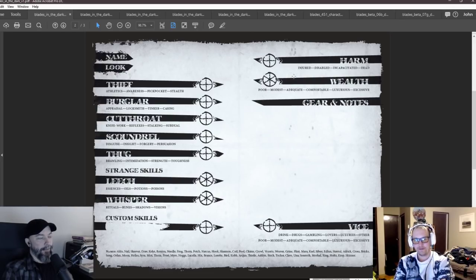And then wealth, this is a thing from the very beginning. I knew this is the first one we played, really. I knew that this game had to have abstracted wealth because originally it was just thieves. You're a thief, you steal stuff. Yes, you wanted to get valuables. Yeah, and I played enough Burning Wheel to really like that abstract resources system.